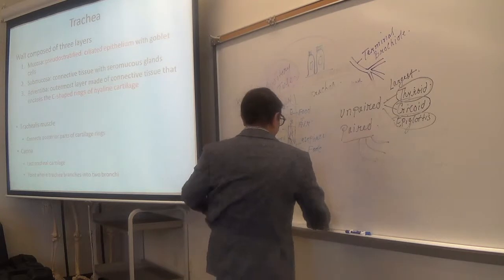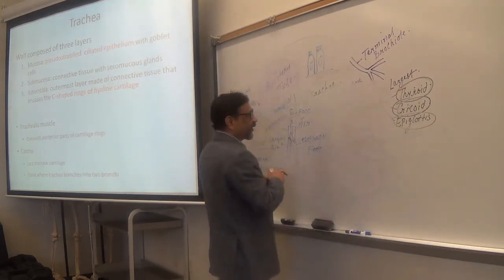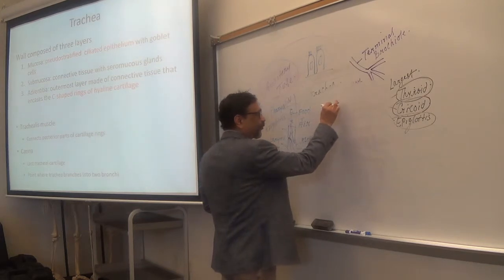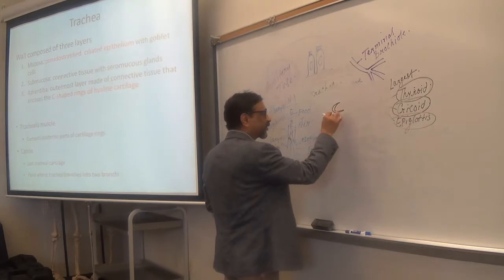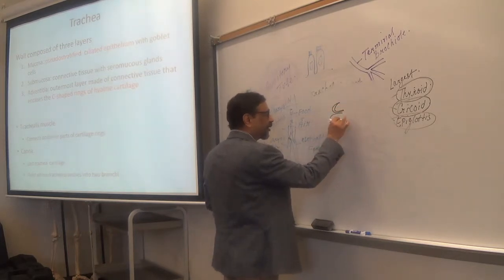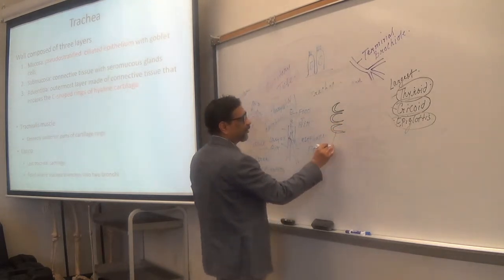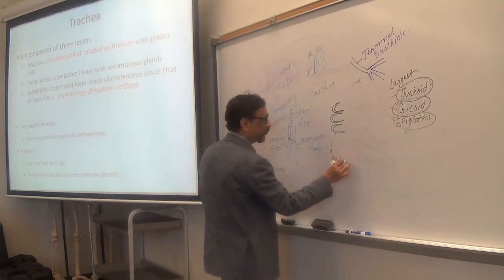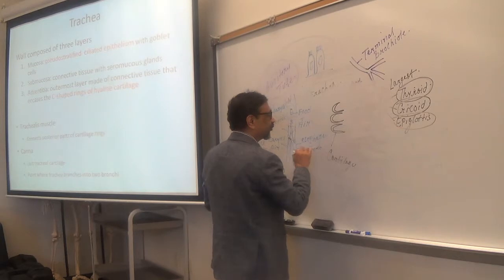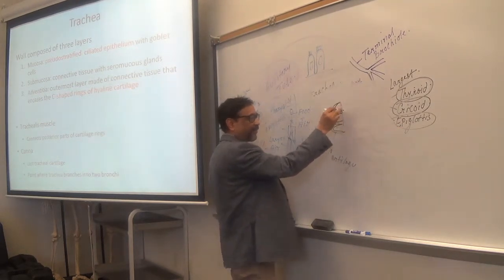So, if you see the trachea, many C-shaped cartilages, C-shaped, okay? These are tracheal cartilages, and in the back you have the muscle.